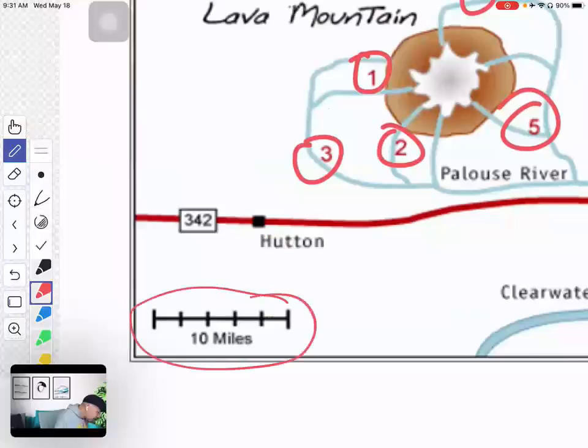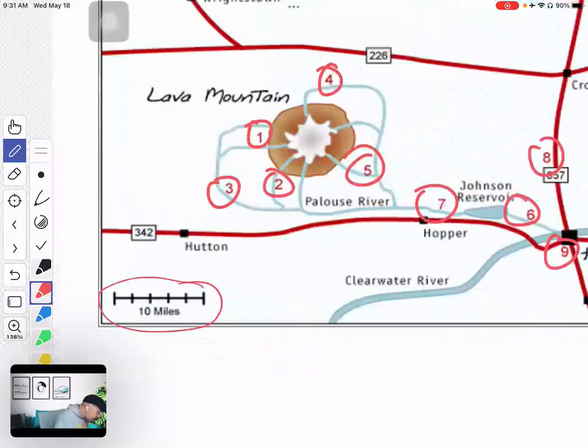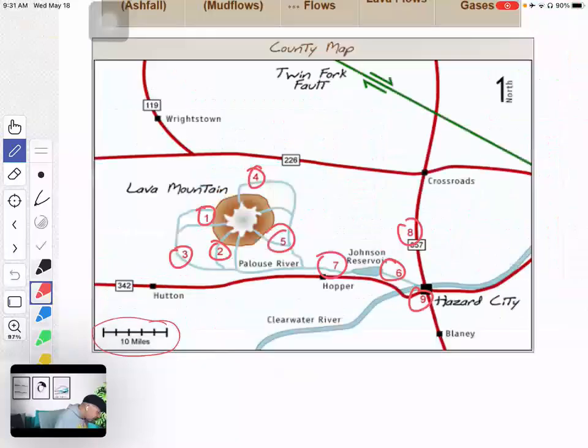And because the scale in the map is in miles, you can transform any talk about kilometers in the readings to miles, just to avoid having to do conversions here.